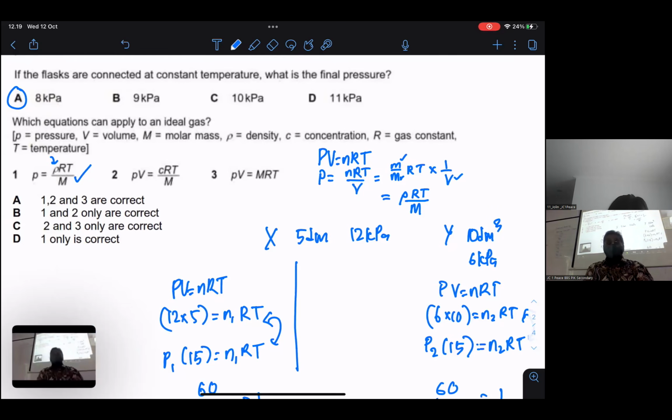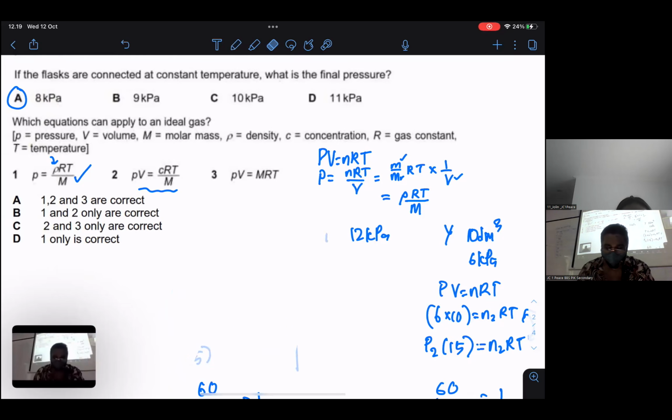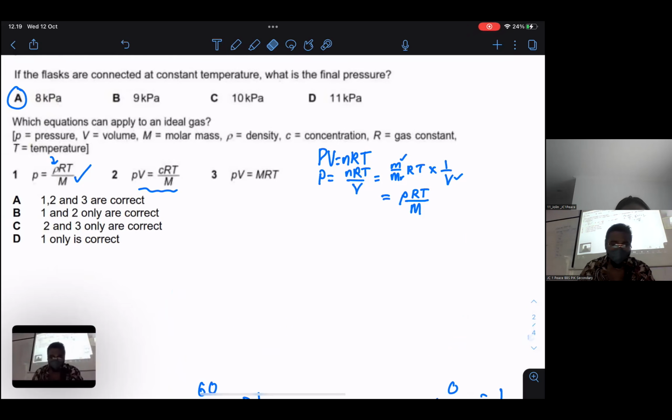This is correct. And then if you look at this one, this is related to concentration. So when it comes to concentration, you can see that PV equals nRT. Concentration is number of moles divided by volume.